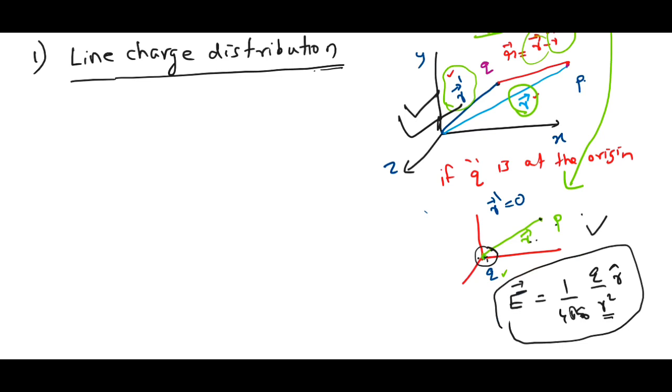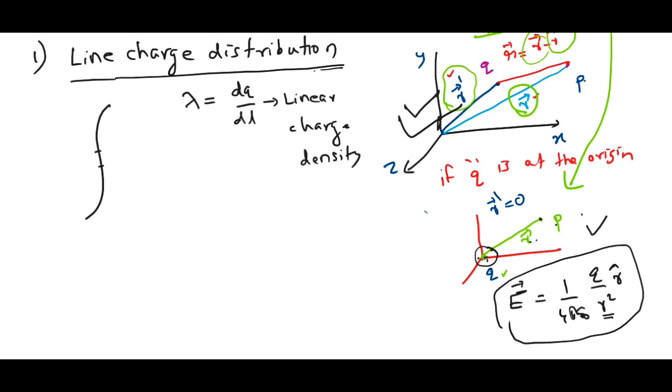Therefore, the line charge distribution means I have a wire whose line charge density is defined as lambda, that is dq by dl. This is a linear charge density. The unit of lambda is coulomb per meter.